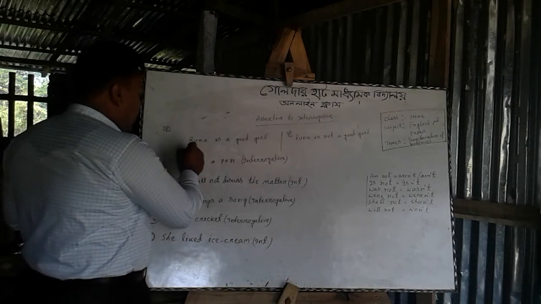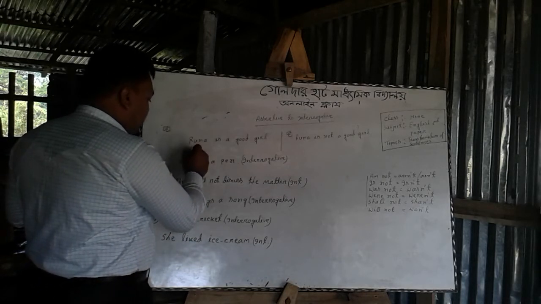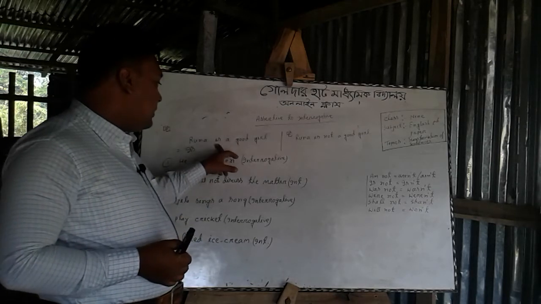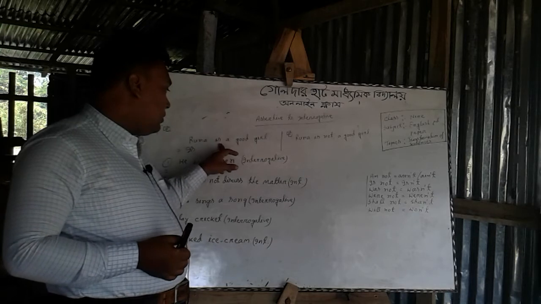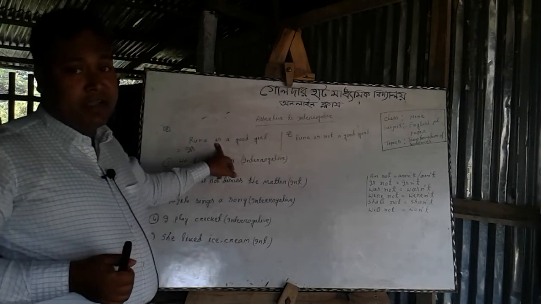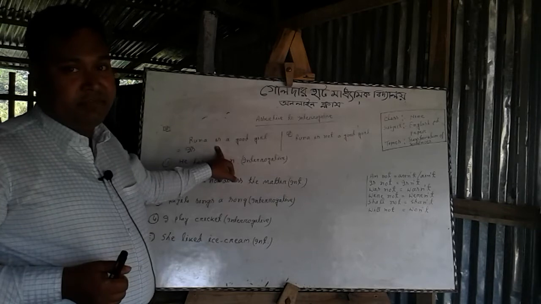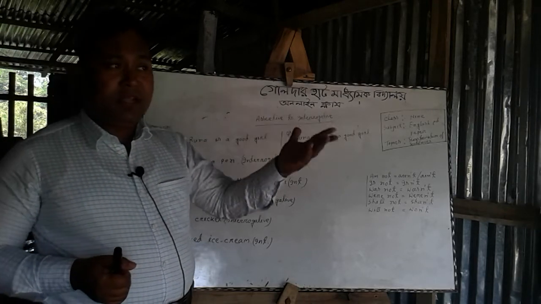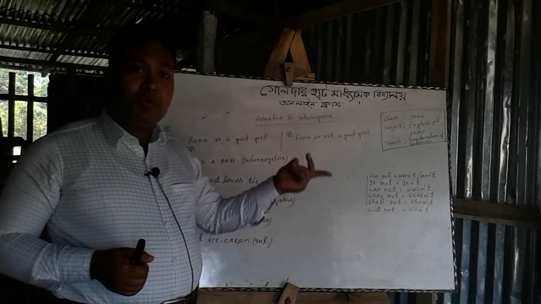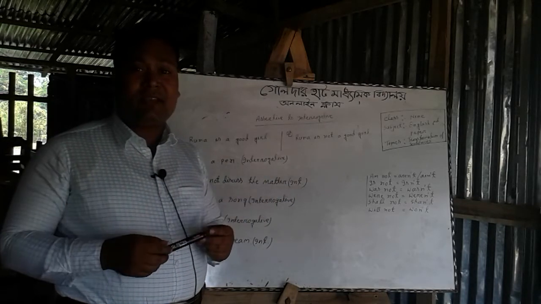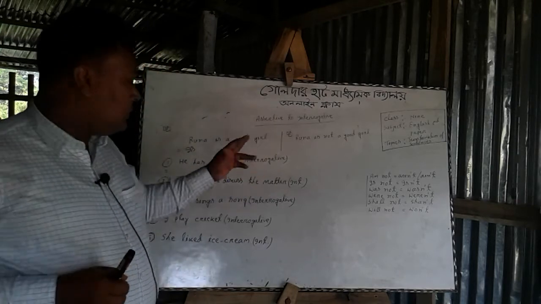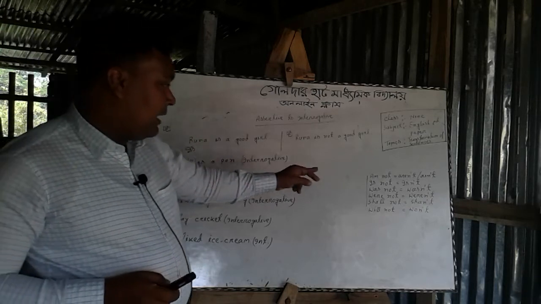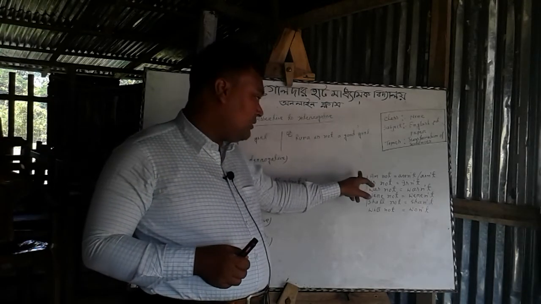If not is not used after the auxiliary verb, then we will have to mentally add not and then write the short form of the auxiliary verb. Here I have written some short forms of the auxiliary verb.